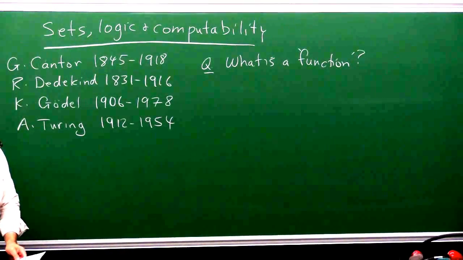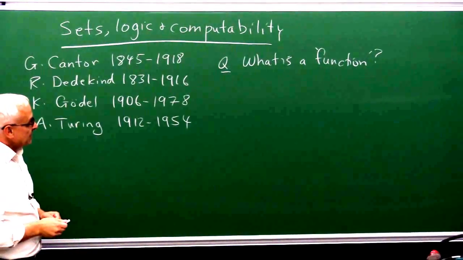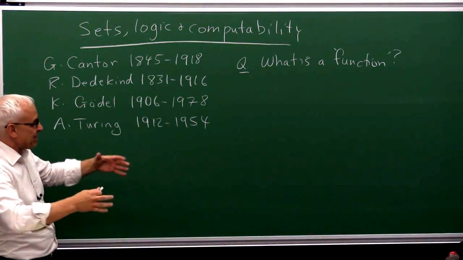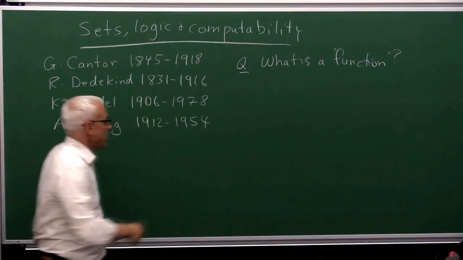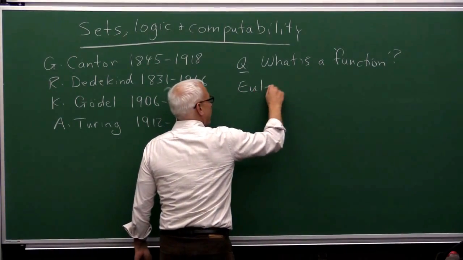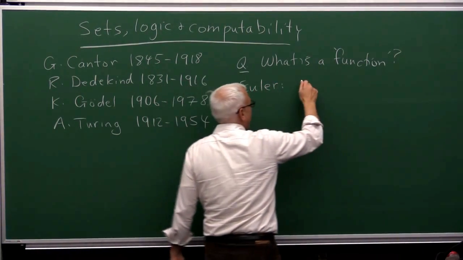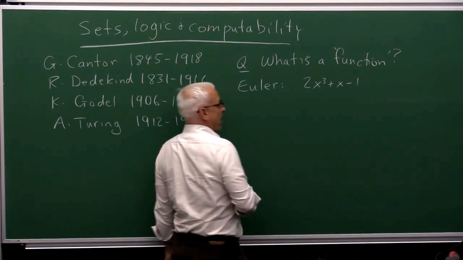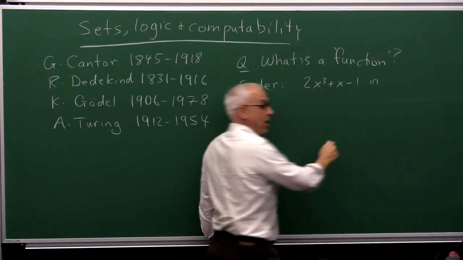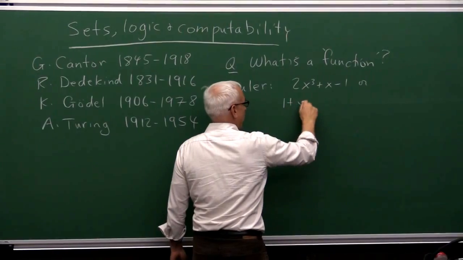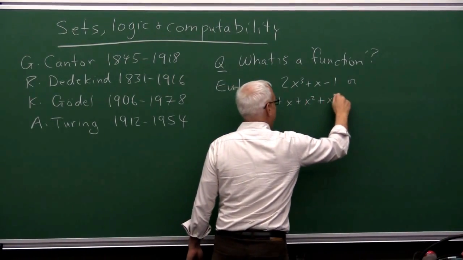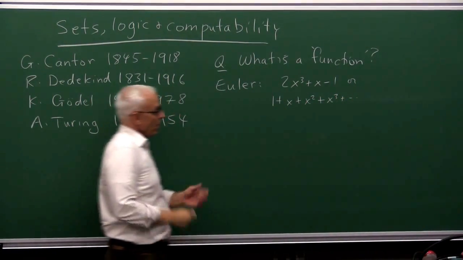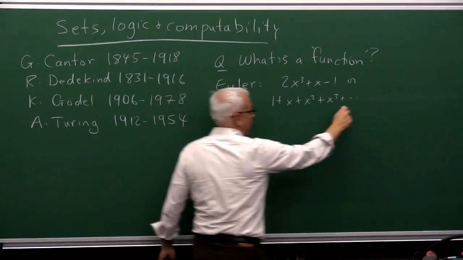So one of the interesting aspects is that this function really expanded quite a lot. To Euler, a function was something like a polynomial, or maybe a power series, or maybe a rational function.